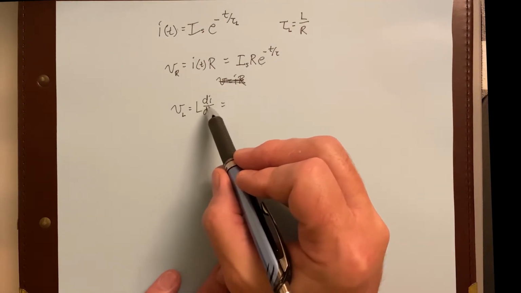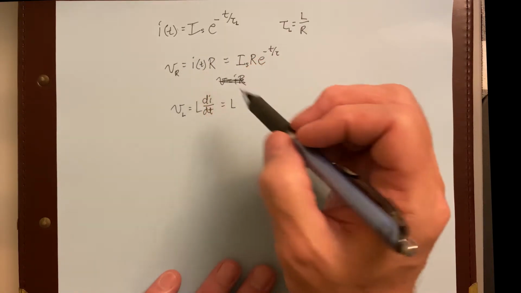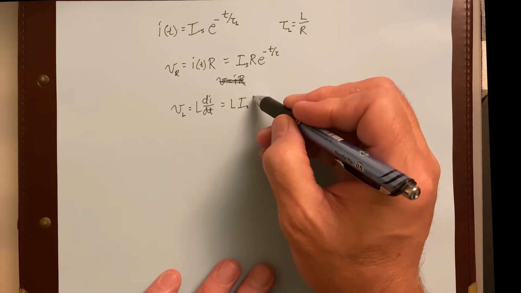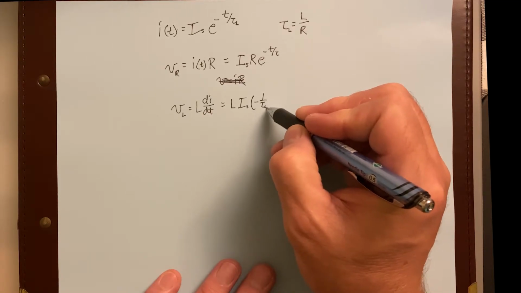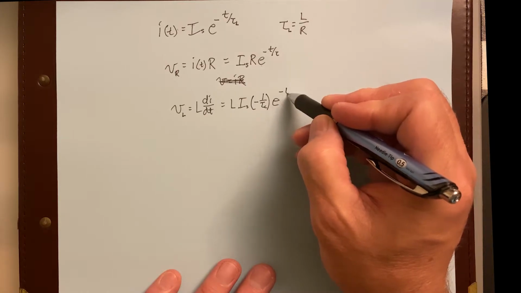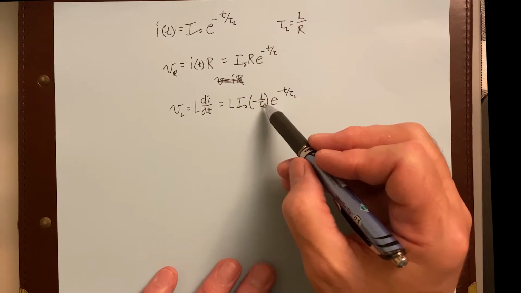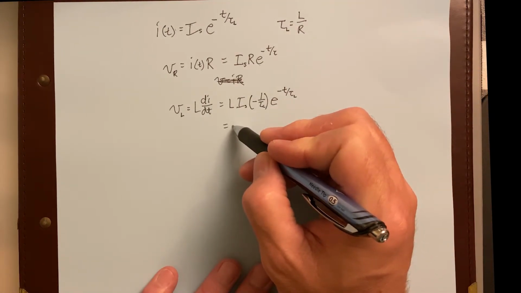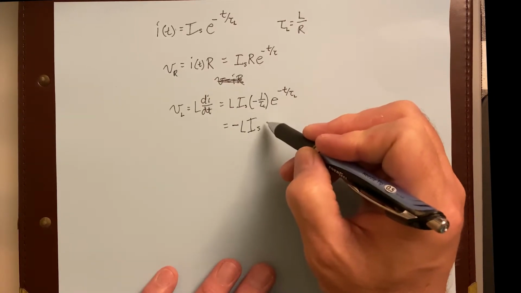V sub L is L di dt, so it's going to be L and the derivative of this. Okay, well, what's the derivative of that? Let's see, there's I sub s times negative 1 over tau sub L times e to the negative t over tau sub L. Okay, well, tau sub L is L over R, so this is going to be minus L I sub s.